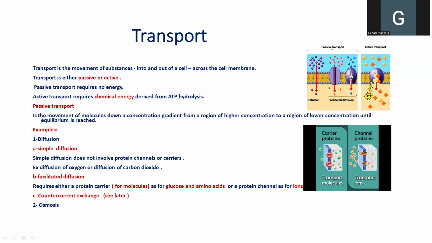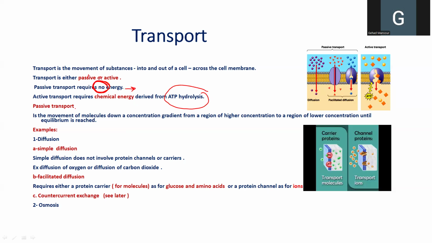First of all, we have to know that transport is either a passive process or an active process. Passive process means that this process does not require any kind of energy, but an active process requires chemical energy that is derived from hydrolysis or breakdown of ATP.